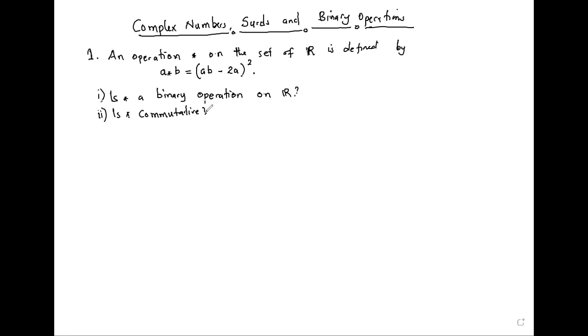And then the third one is where we're asked to compute 2 star 0 star minus 2 and 2 star 0 star minus 2, and deduce if star is associative.